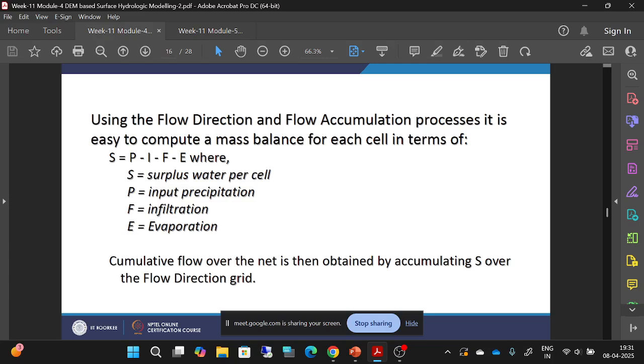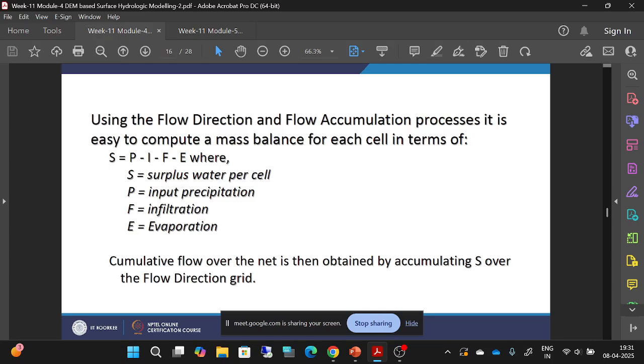So this is a mass balance that basically we have using the flow direction and flow accumulation process. So we have the surplus water per cell, how much is the extra water that is present. We are calculating it using this mass balance. So the input precipitation is something which is adding the water. So P will be positive.